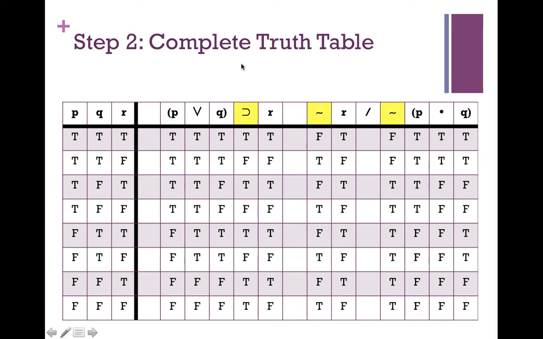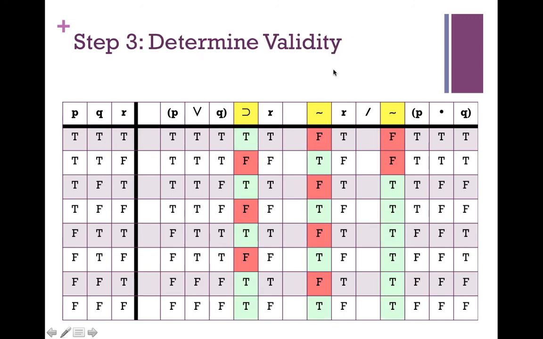So I'll just go ahead and fill that in. And then for not R, you can see right here, we just fill in opposite values for everything under R right here. And then for not P and Q, we determine the truth values for the conjunction here and then just do the exact opposite right here. So we have this done, and then we'll come to step 3 and we'll determine validity.